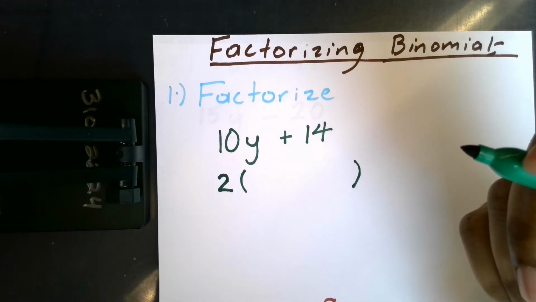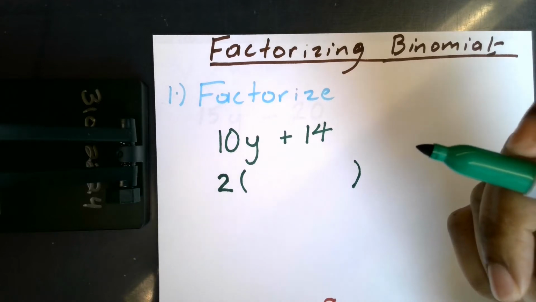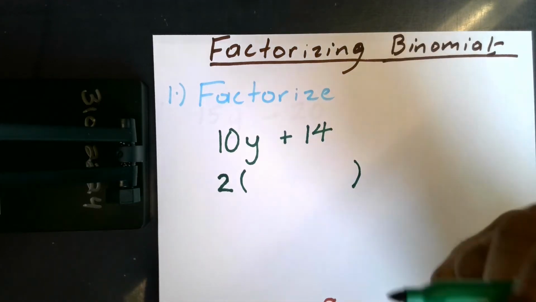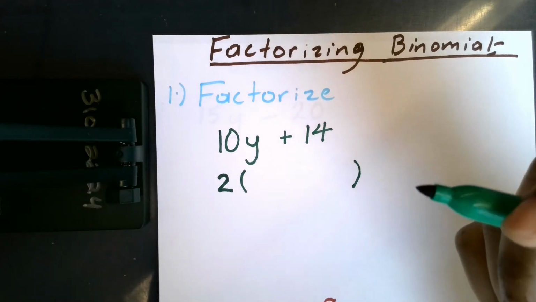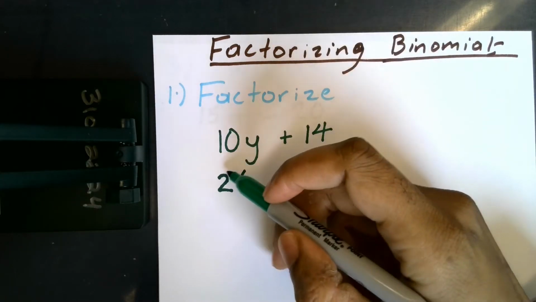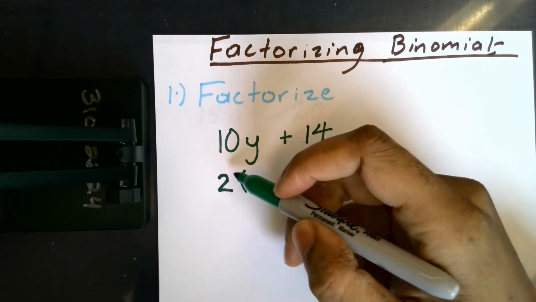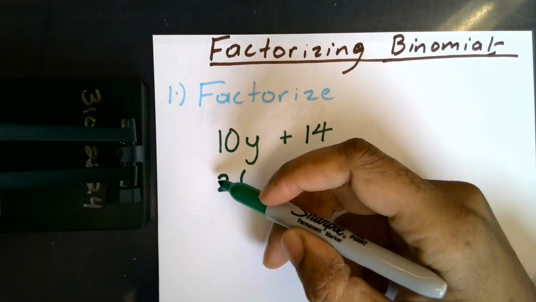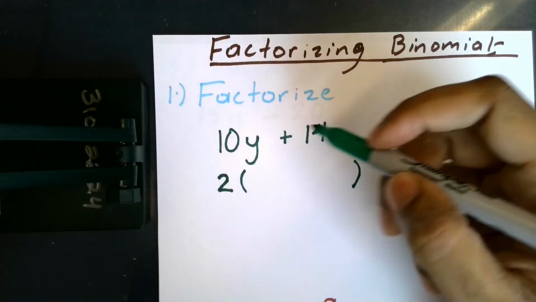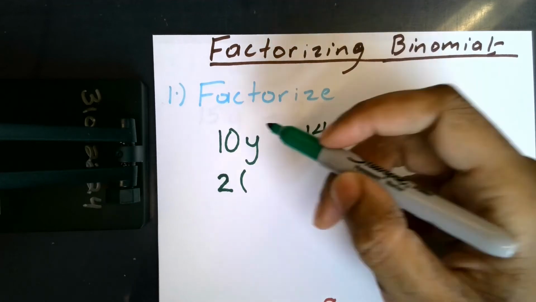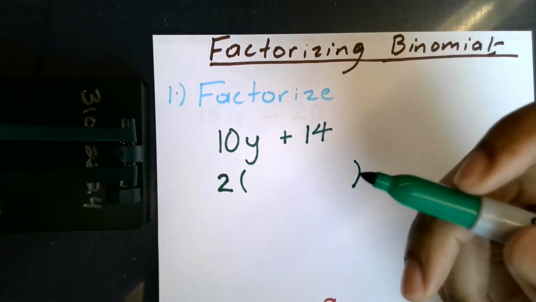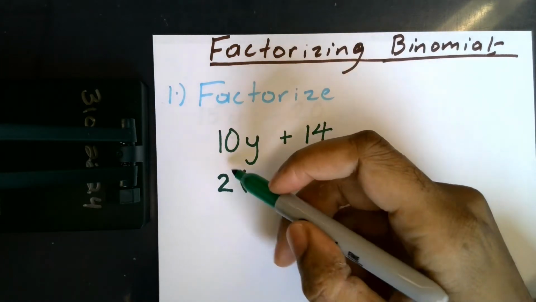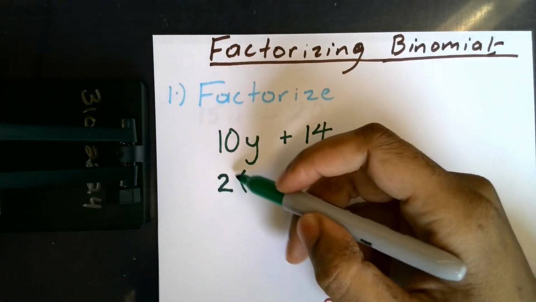Remember, we are finding the greatest common factor. So y cannot be a part of the greatest common factor because y is not common to these two terms. So that is the reason y is not written along with 2.